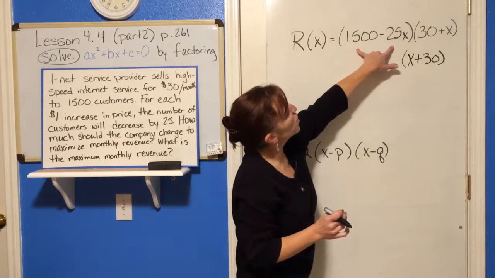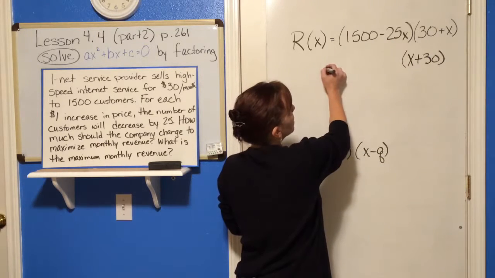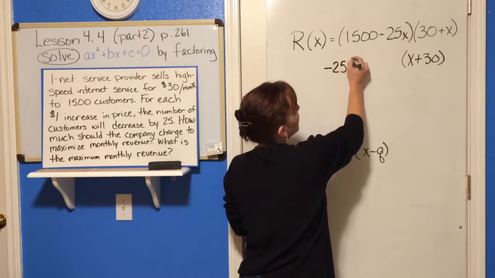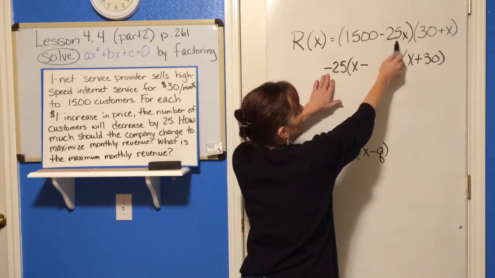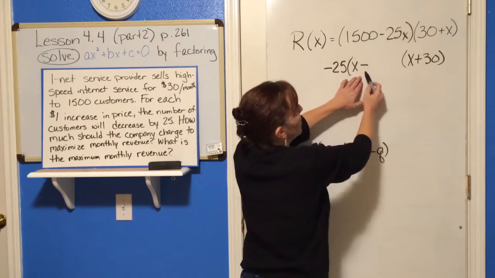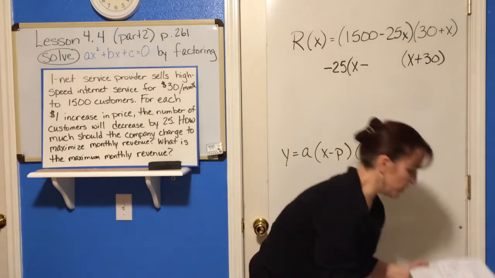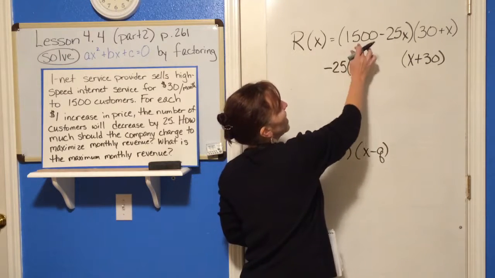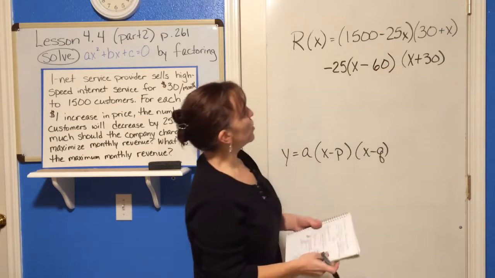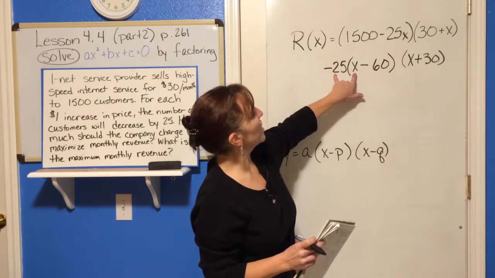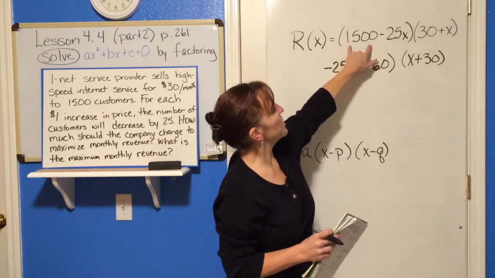For 1,500 minus 25X, the X is negative, so let's take out negative 25 and have X minus 60. When we divide 1,500 by 25, we have X minus 60. Negative 25 times X is negative 25X, and negative 25 times negative 60 gives you your 1,500.